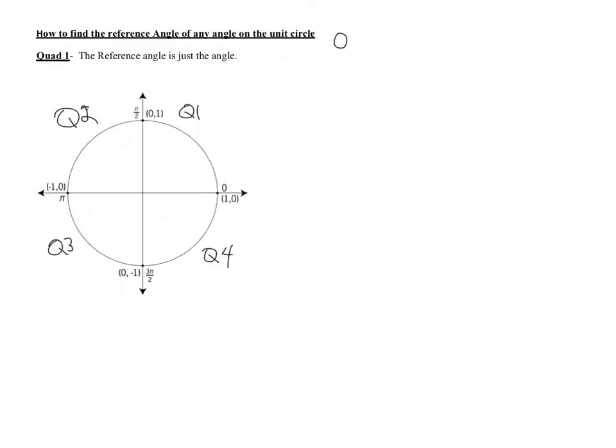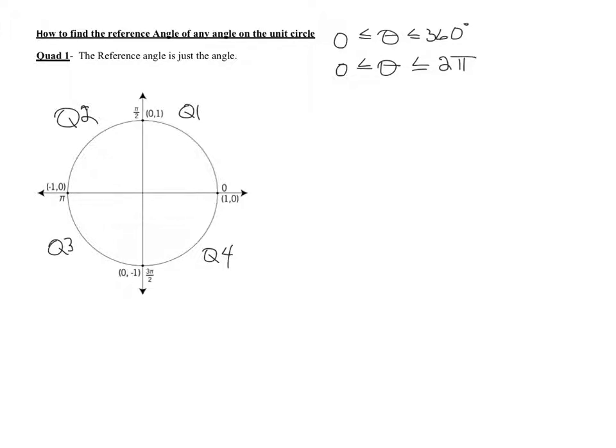So let's keep theta somewhere between 0 and 360 degrees, or if we're talking about radians, between 0 and 2 pi. Of course, 0 and 360 or 0 and 2 pi both represent the same place on the unit circle because we've made a rotation.